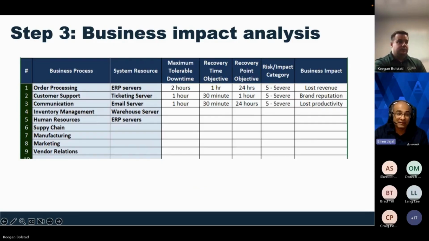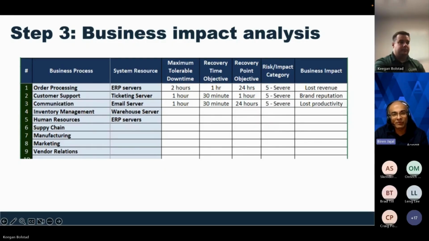In the case of order processing, maybe it's really critical because now you can't accept payments or you can't invoice customers if a critical system goes down related to that, and that has an immediate impact on the business, such as lost revenue. And more generally speaking, any DR event will have a general negative impact, whether it's lost productivity or brand reputation or supply chain impact to your vendors. It could have any number of impacts.